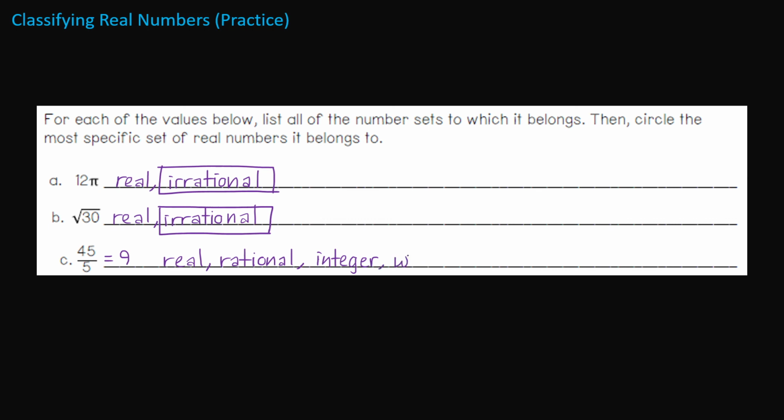And it's a whole number. And actually, one more. This is also a counting number. This is a natural number as well. So the most specific type of number 45 fifths can be is a natural number. You can practice letters D through I for problems similar to these ones.